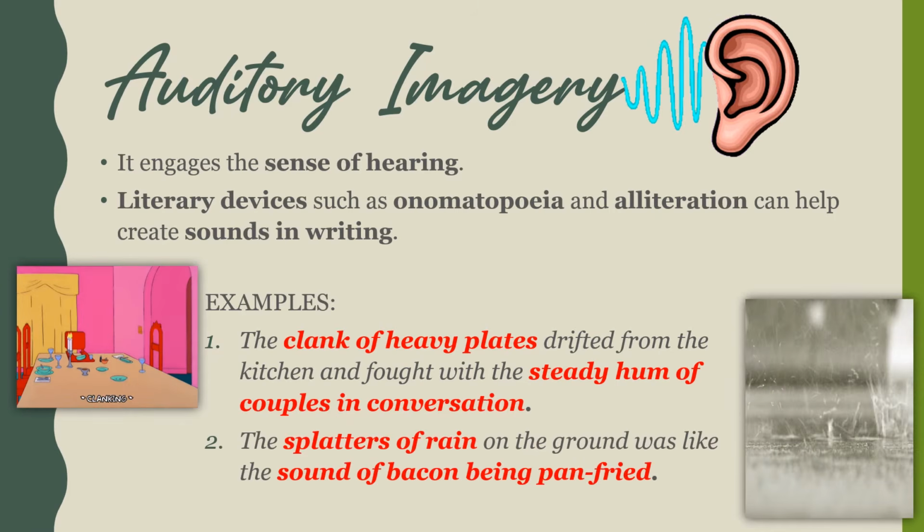Example number 2. The splatters of rain on the ground was like the sound of bacon being pan-fried. In this sentence, the sound of raindrops is compared to the sound of bacon being fried, which may imply that the rain is a little loud or heavy. Again, these words appeal to the sense of hearing.